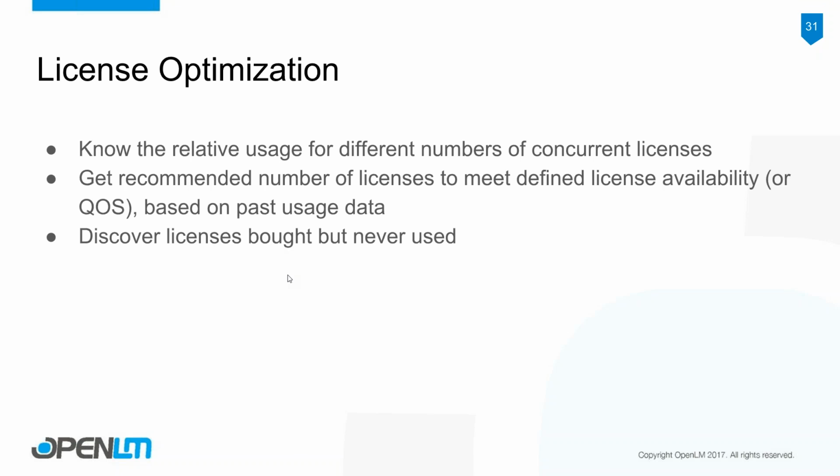There are also dedicated reports that hit the optimization nail right on the head. They'll tell you the usage that you can expect from owning different numbers of licenses. You can know the recommended number of licenses for defined quality of service and get to see what licenses you've bought but never actually used.